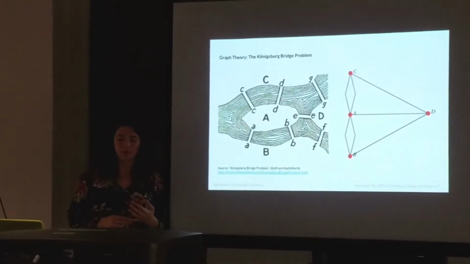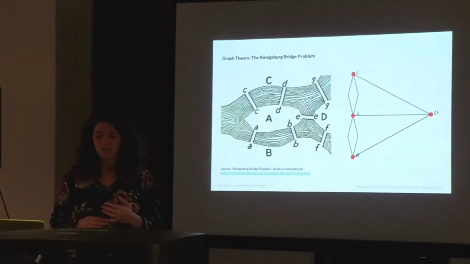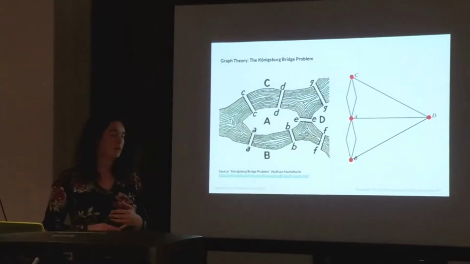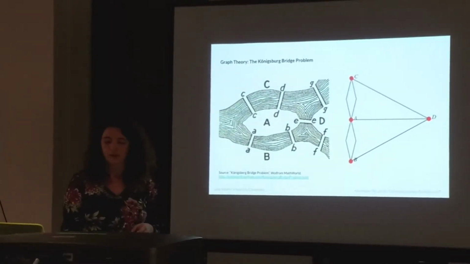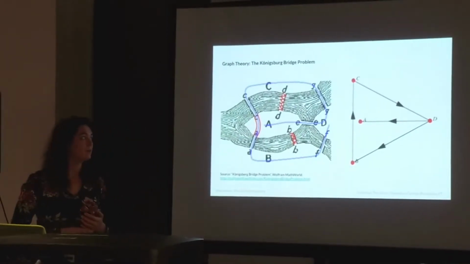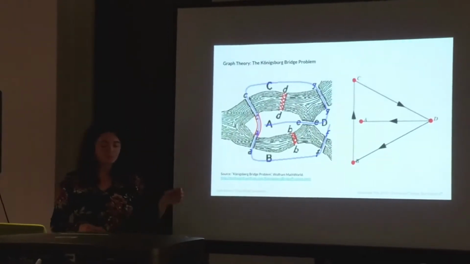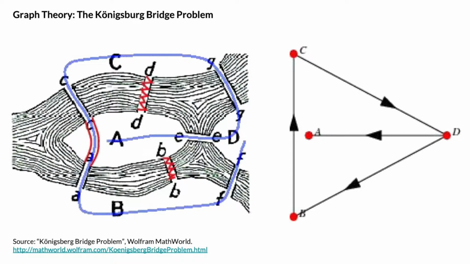And this mathematician, Leonhard Euler, came up with the idea of putting these points into a graph so that we could better understand how to solve that problem. By turning it into a graph, it was easy to see that it was not possible to traverse all of these bridges without crossing over any of them more than once.